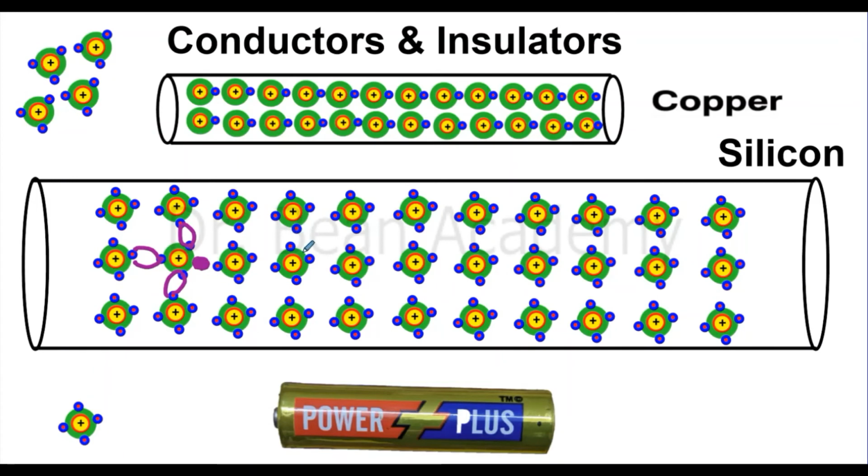And if I replace another silicon atom with another boron atom, it means now I will have another deficiency of electron. So for each atom I replace, I will always have one deficiency of electron.